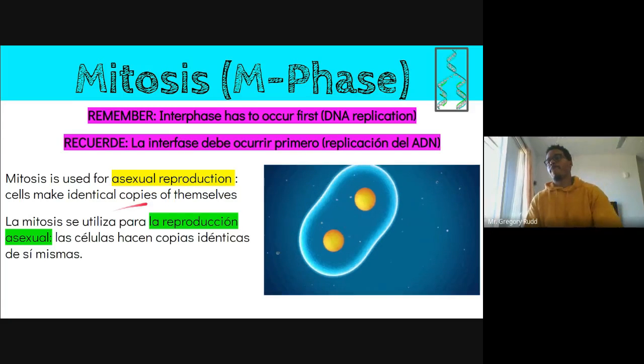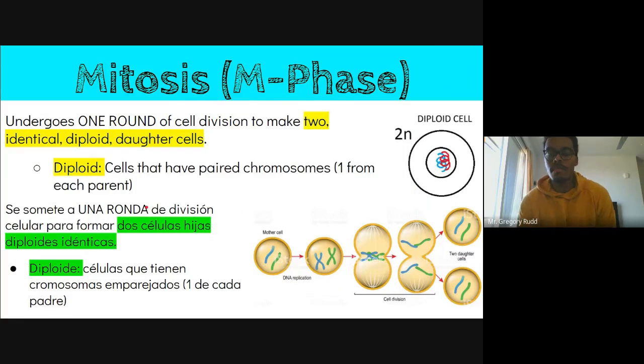Okay. Now, mitosis is one round of cell division. That will be in contrast to another process that we'll talk about tomorrow called meiosis. But mitosis is only one round of cell division. And the results of mitosis are two identical diploid daughter cells.